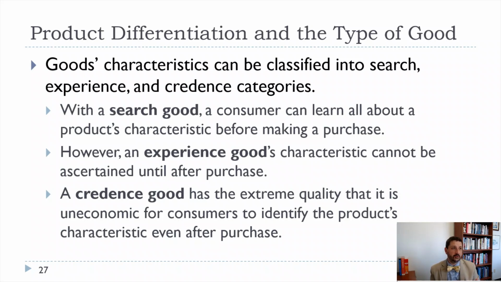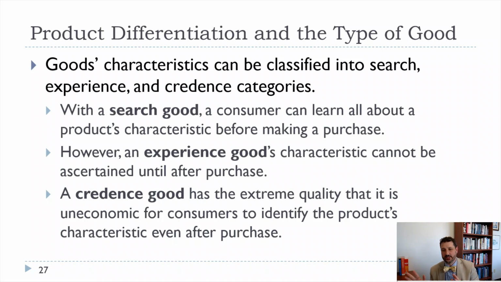You can think about even vacations, hotels. You can read descriptions, but you really won't know whether it's a good product for you until you experience it. A credence good is one where it's uneconomic for consumers to identify product characteristics even after purchase, right?